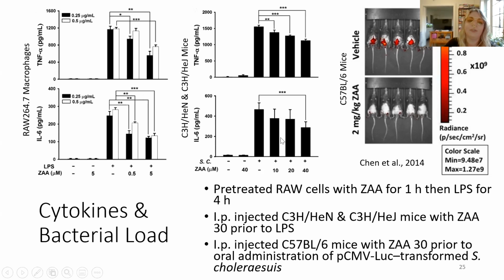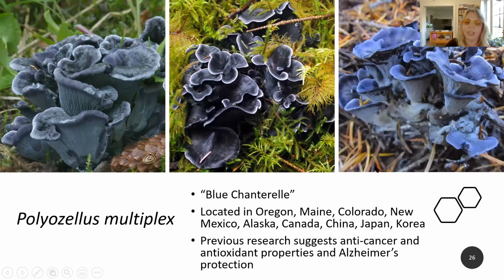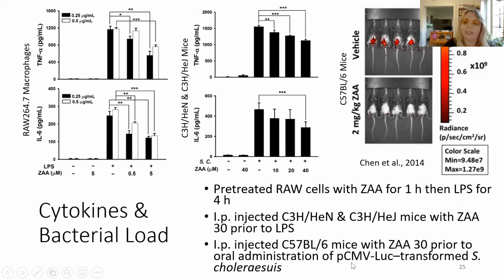And so finally, they wanted to look at bacterial load. So in vivo, they pre-treated BL6 mice for 30 minutes with the ZA before orally administering these pCMV-lux transformed bacteria.